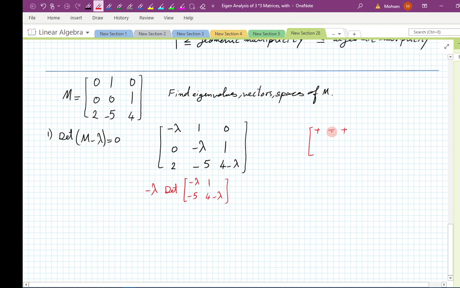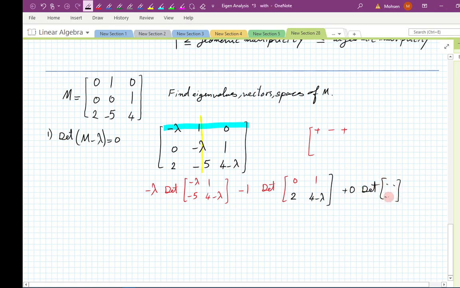So the next one is going to attach to a minus, so it's going to be minus 1 times the determinant of whatever is left, which is 0, 1, 2, 4 minus lambda. We take this column and row out and see what is left. And then the third time, I have a 0 times the determinant of whatever is left, but I don't even care what is left because I'm multiplying by 0.